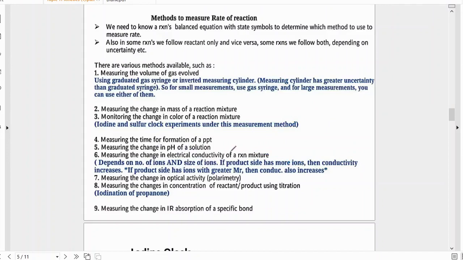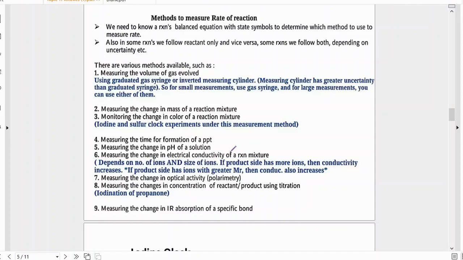Now in nucleophilic substitution reaction mechanisms of halogenoalkanes, halide ions are formed as products, and hydroxide ions are reactants. So there is some electrical conductivity change, even though only one ion is involved as a reactant, and only one ion is involved as a product.